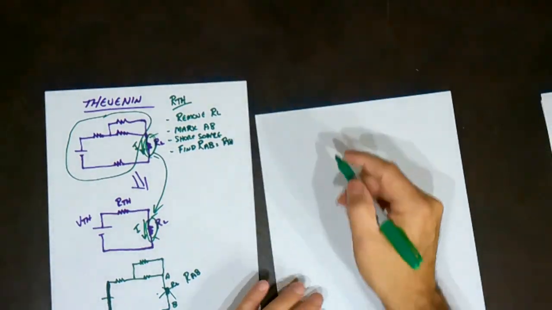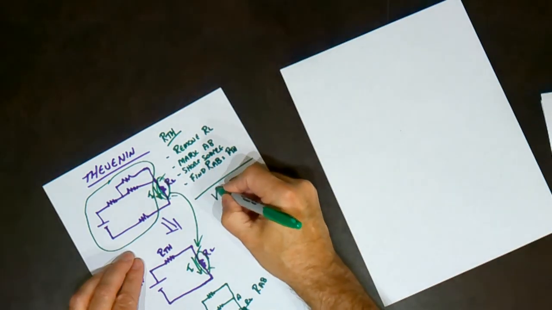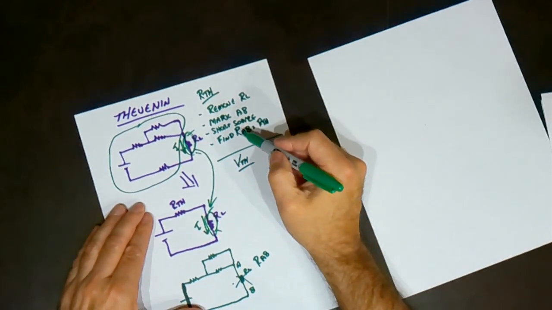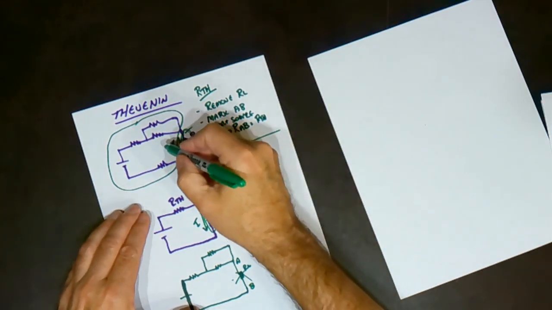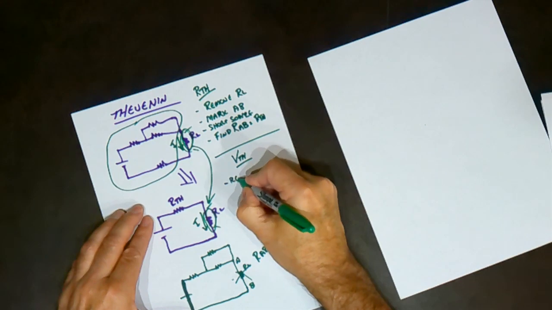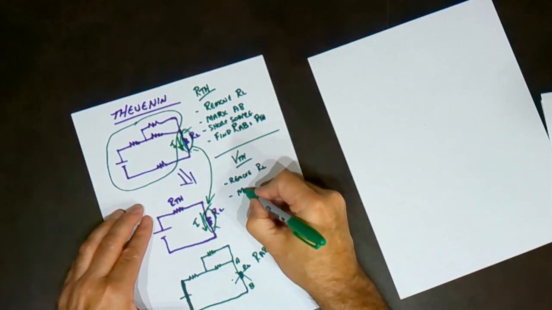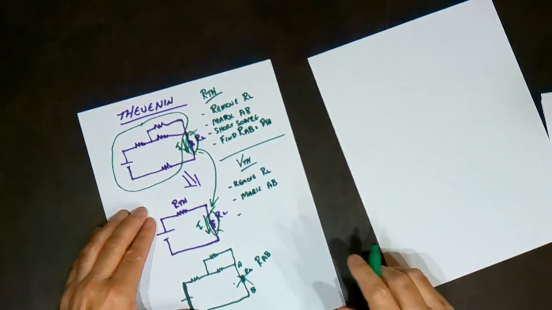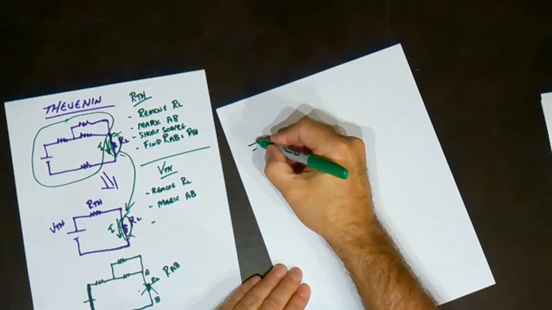When it comes to finding Thevenin's voltage, Thevenin's voltage and Thevenin's resistance have nothing to do with each other. They are completely separate procedures. So you start at the beginning again and you remove the load and you mark it A, B. So again, you remove the load, and now we're looking at something that looks like this.